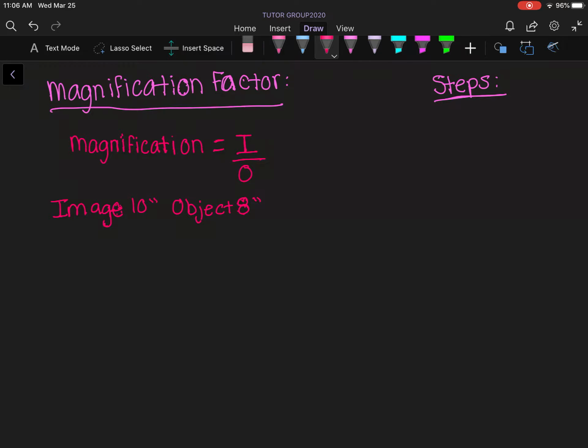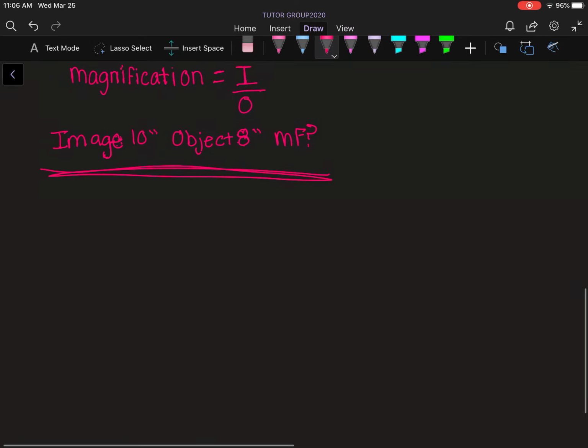So what is the magnification factor? I'm going to put that as MF. What we're going to do is 10 divided by 8. And what does that come out to be? It comes out to be 1.25. That is our magnification factor.